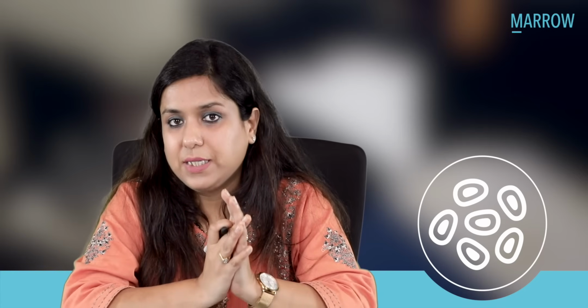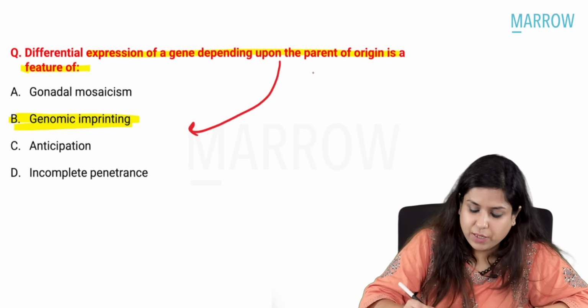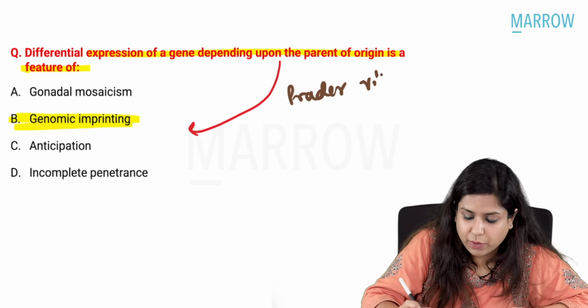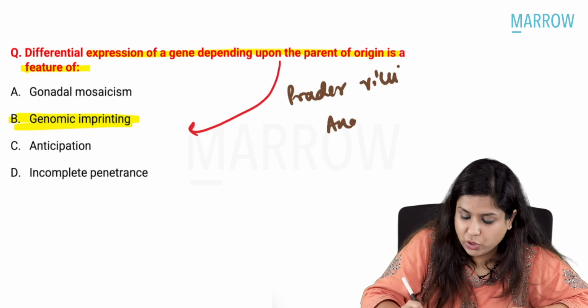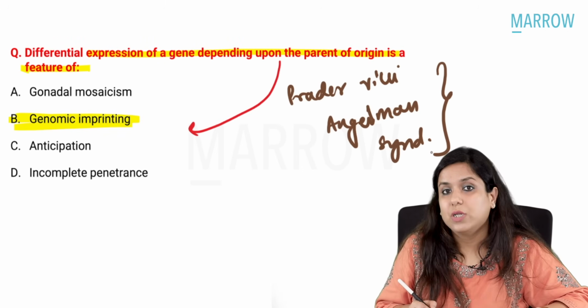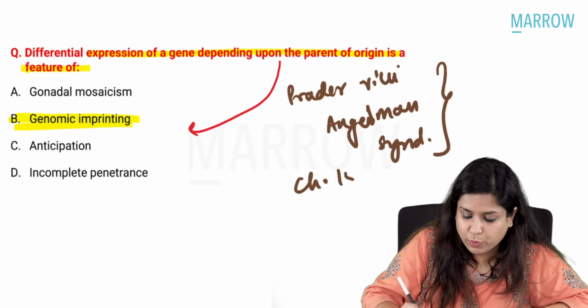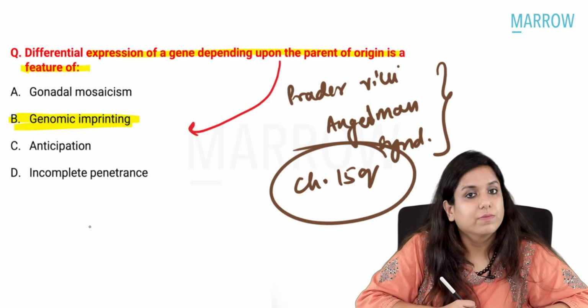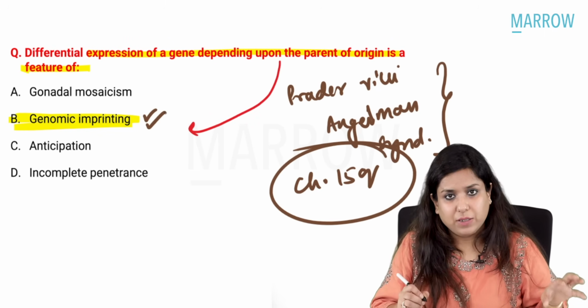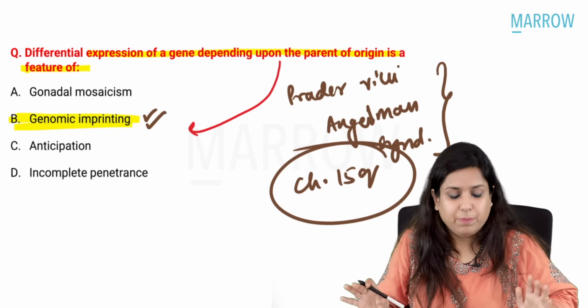What will happen? My patient will get some disease, and the two well-known diseases from imprinting are the Prader-Willi syndrome and the Angelman syndrome, both on chromosome number 15q. Correct? Easy? So this phenomenon is called imprinting. Let us see the other options and then I will tell you something about imprinting.